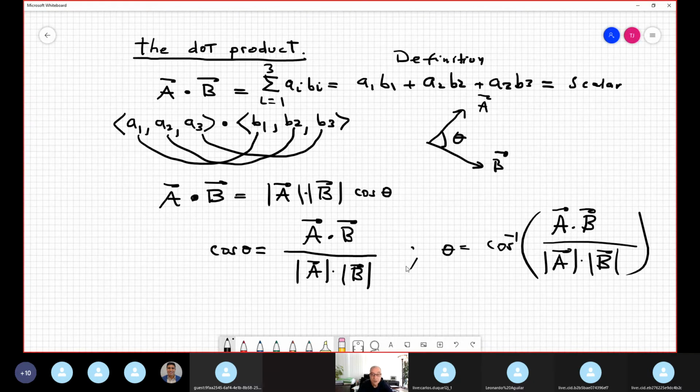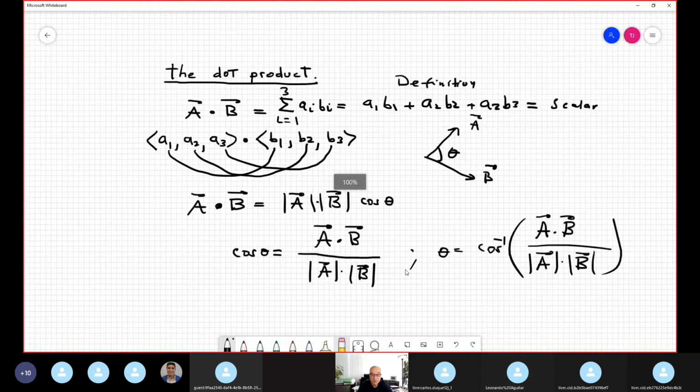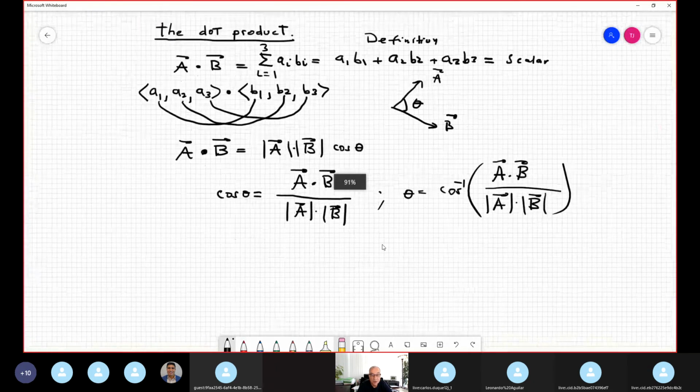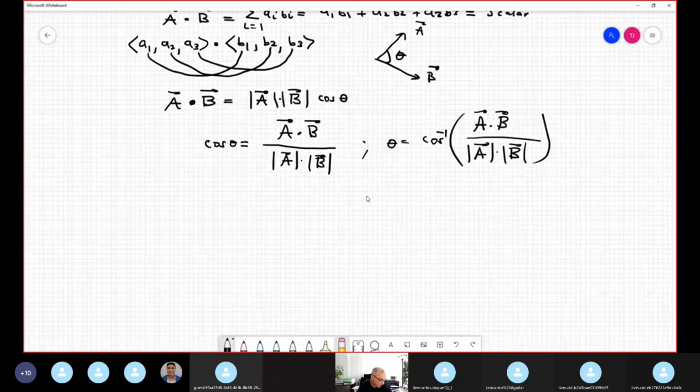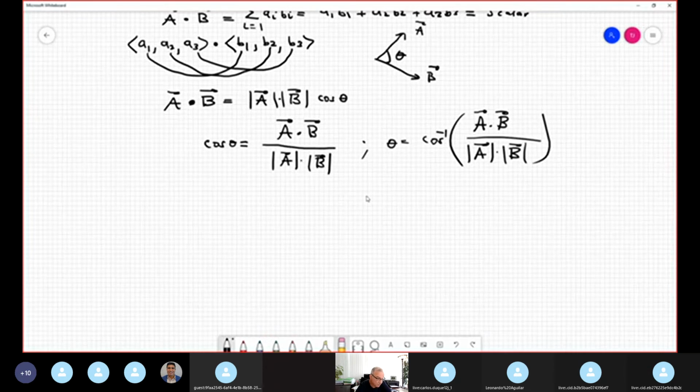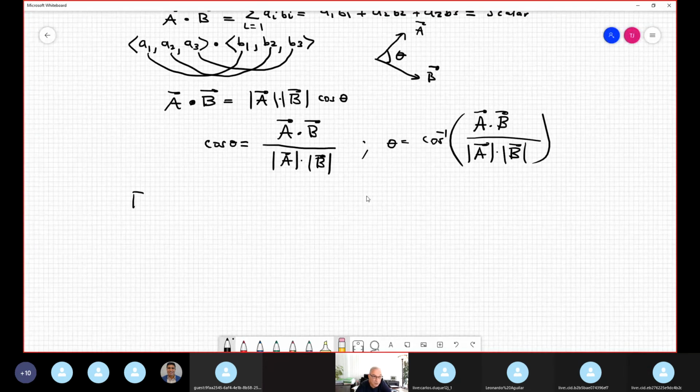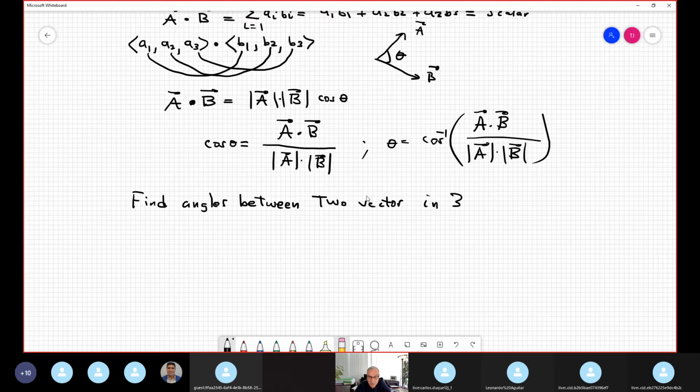This is the most important formula. Now, let's see an example to understand this more clearly. Suppose we have an application: find the angle between two vectors in 3D, of course.